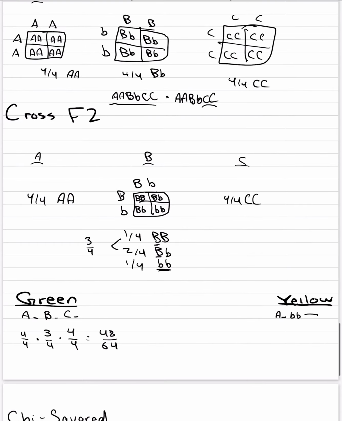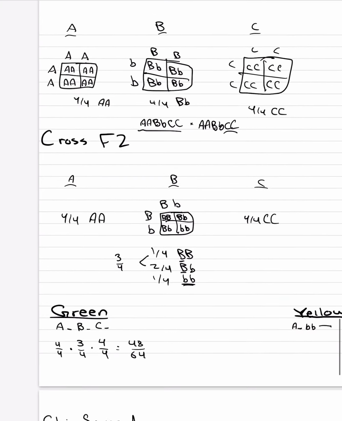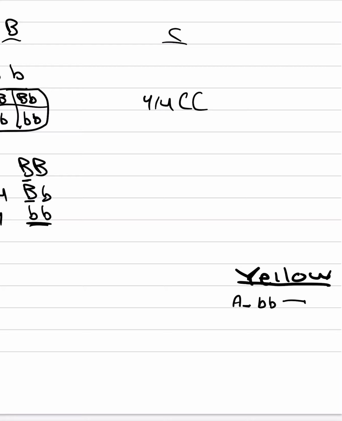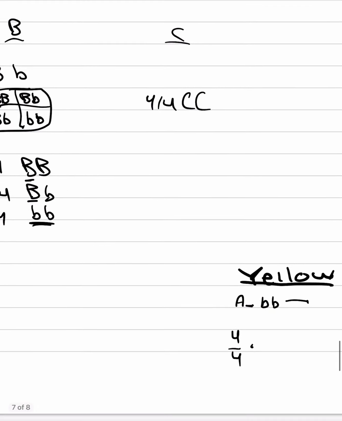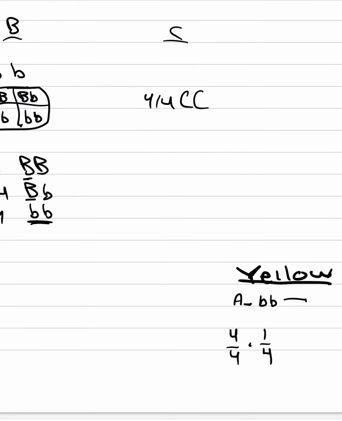And the ratio to have the yellow coloration is one big A, at least, which we know is 4 out of 4, times two little b's, which we know is 1 out of 4. And for the other allele, since it doesn't matter, if it was big C, little c, or little c, big C, none of them matter. We can combine all of those ratios together.